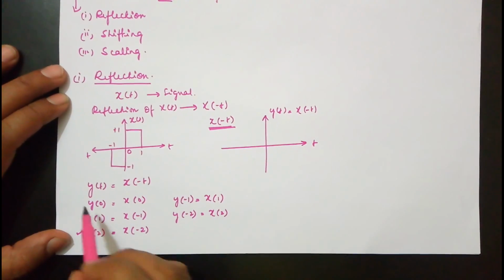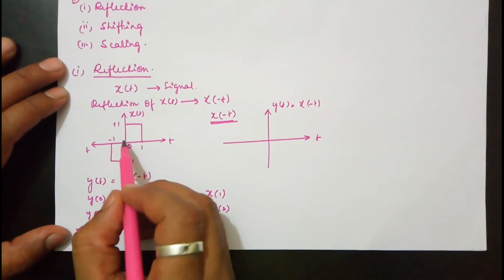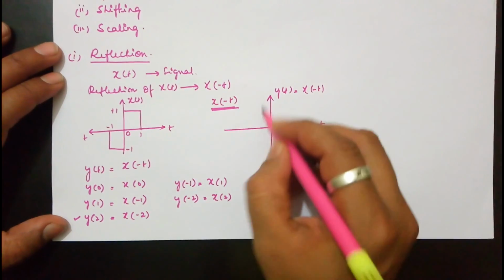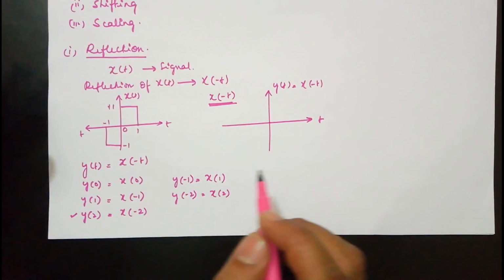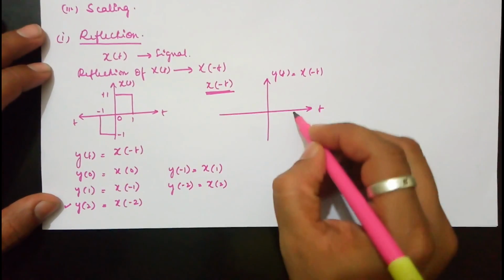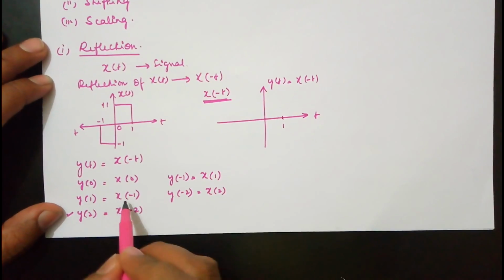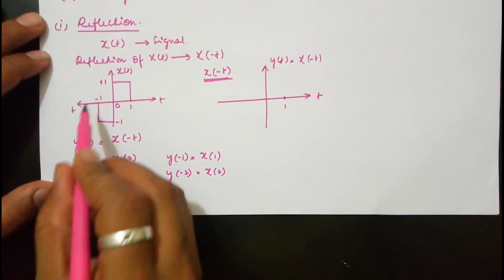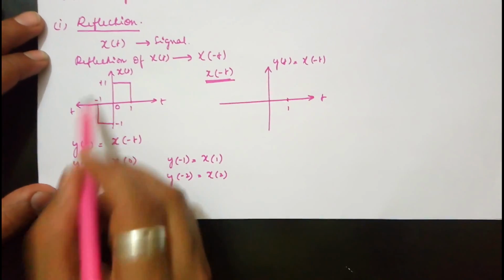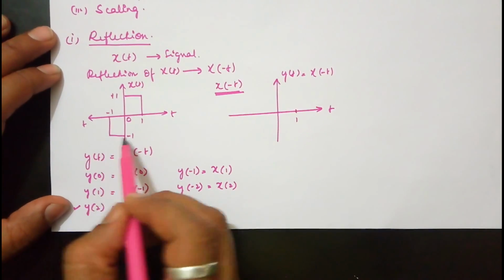Now if I draw this, y of 0 will be x of 0, so whatever I have at 0 I'll get at 0. Now y of 1 is what x has to offer at minus 1. What is x of minus 1? It is minus 1.